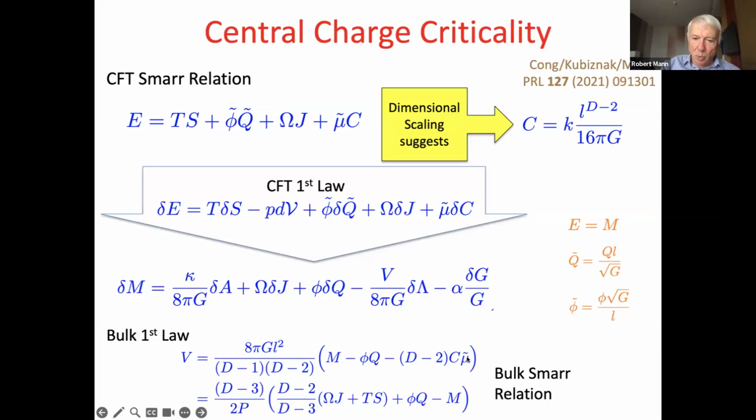And when we compute the conjugate potential for mu and c from the holographic dictionary using this relation, we end up getting the bulk Smarr relation. This is a different way of doing what Karch and Robinson did.